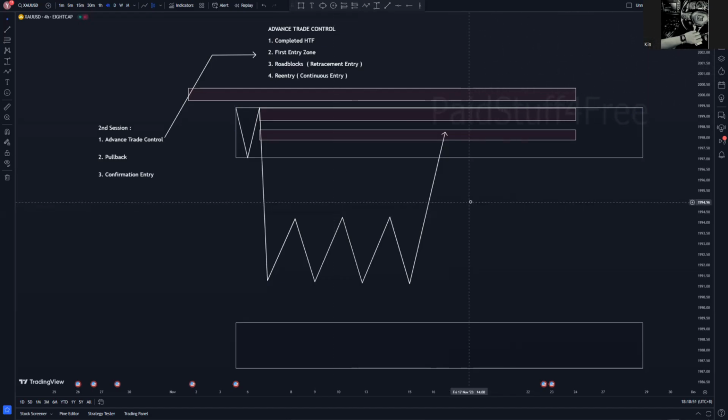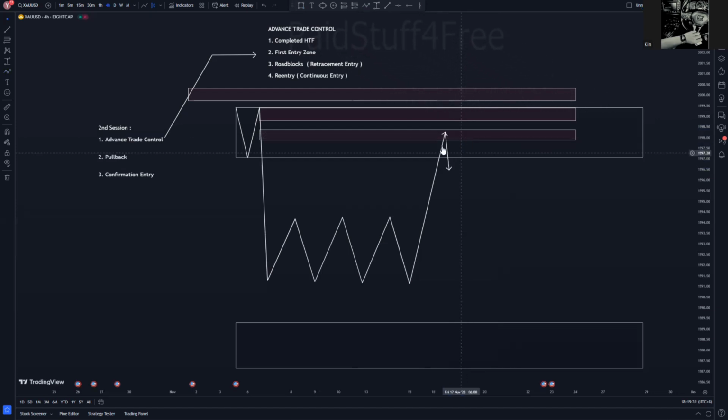The reason is that after the price creates the confirmation entry and goes down, we want the price to create the trade control. But if there is no trade control, the price has a big possibility to go up again, maybe to this zone or to a higher zone.